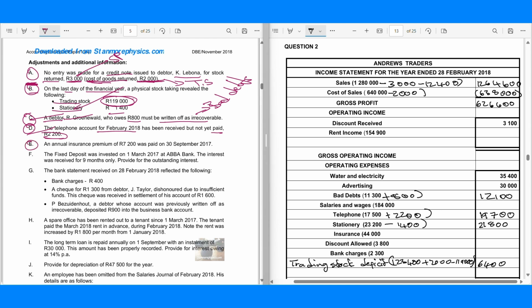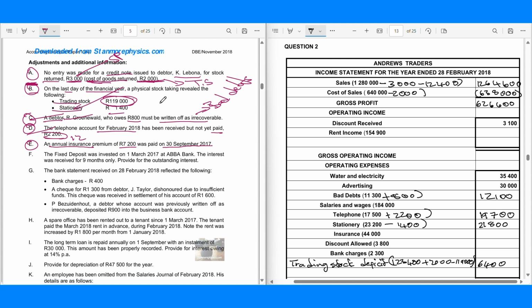So now we have adjustment. They are saying an annual insurance, this is for 12 months, premium of 7,200 was paid up to 30 September 2017. So this is insurance, right? It was paid until September 2017.